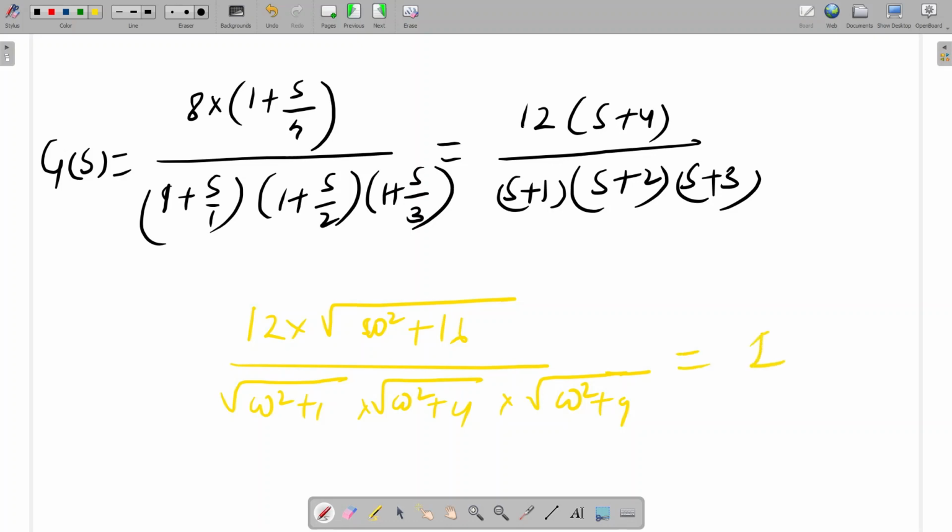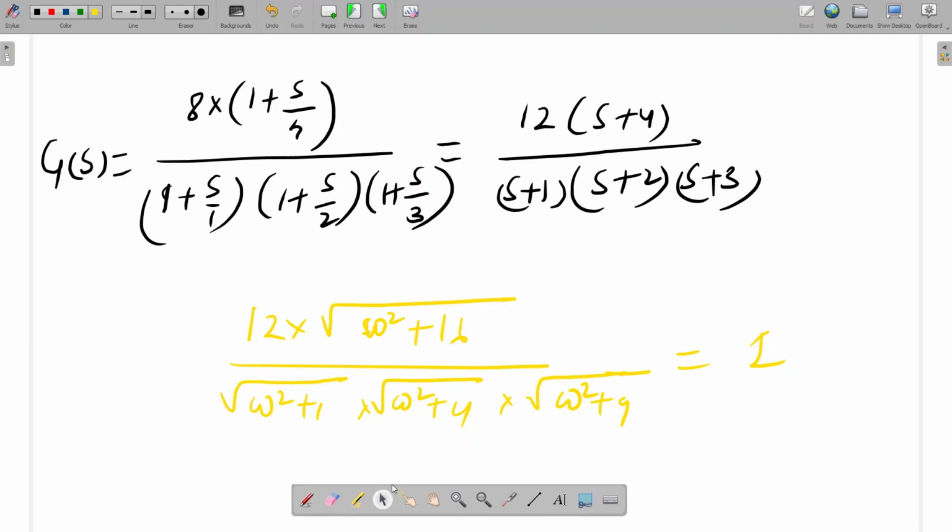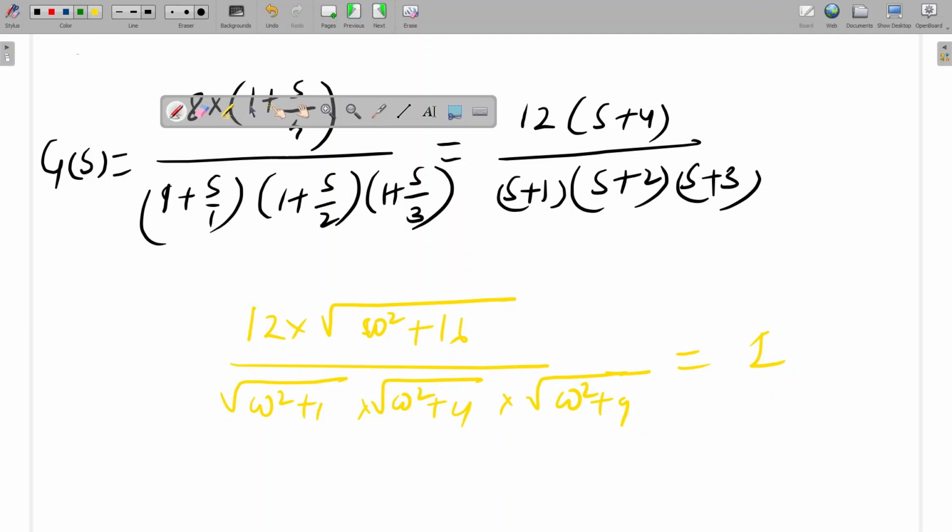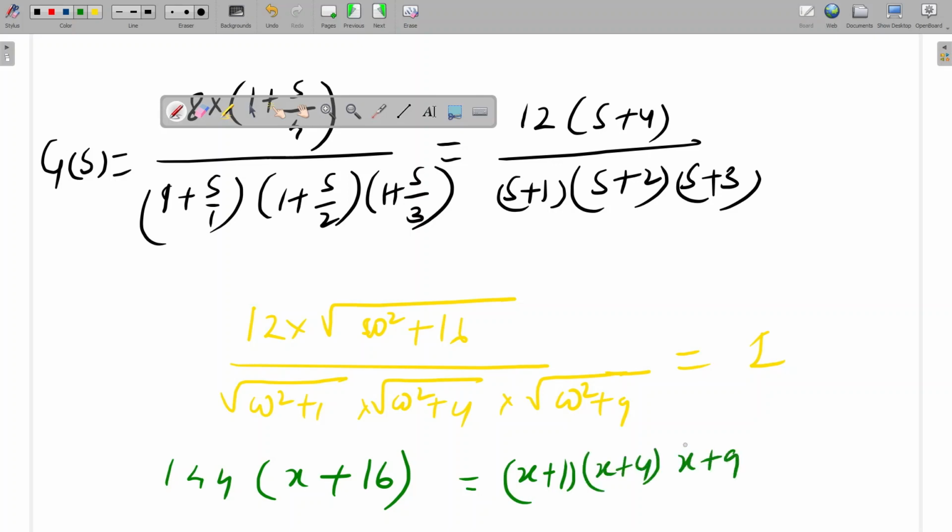If we assume omega square is equal to x, and square both sides, then 144 into (x plus 16) is equal to (x plus 1)(x plus 4)(x plus 9). Is it correct? Yes, sir. Okay, so now I'll take it on the next page.